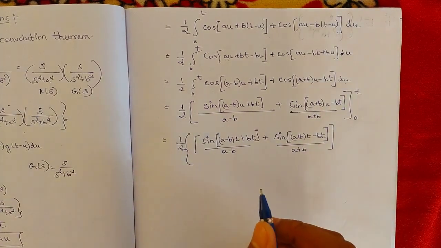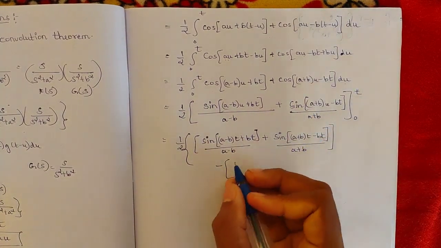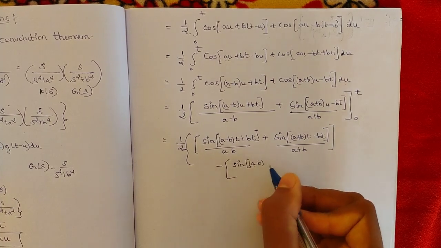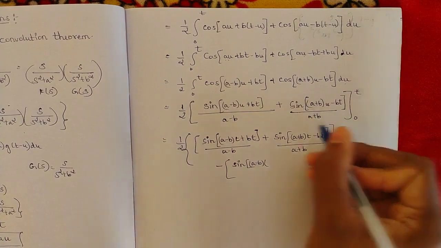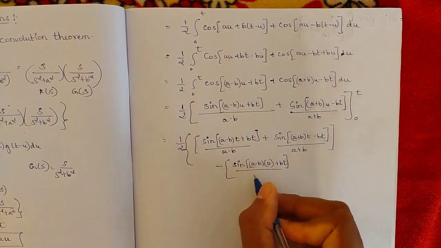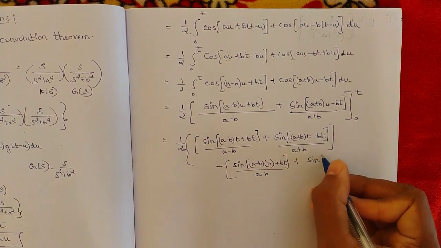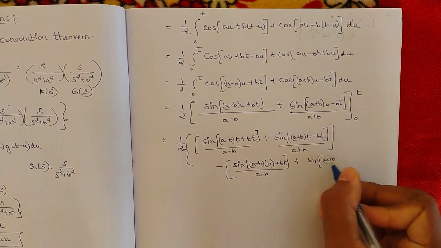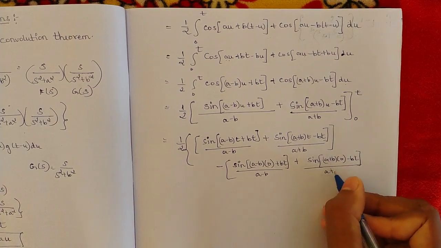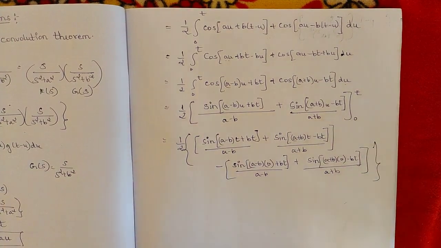So this is the upper limit part. Similarly, minus lower limit, that is sine of (a minus b) into, in place of u, 0 plus bt divided by a minus b, plus sine of (a plus b) into 0 minus bt divided by a plus b. So this is done.